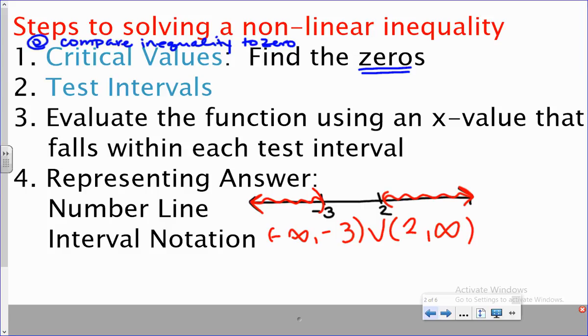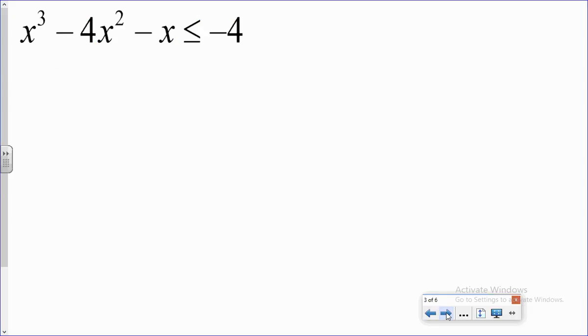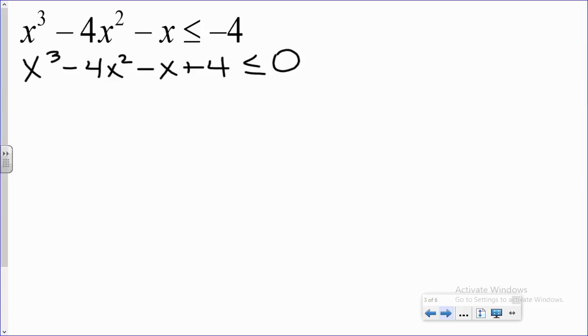The inequality that you just wrote down has a cubic that's less than or equal to negative 4. We're going to eventually need to find zeros. Let's first rewrite our inequality so that there's 0 on one side and then go from there. So I want to rewrite this inequality to be x cubed minus 4x squared plus x is less than or equal to 0.